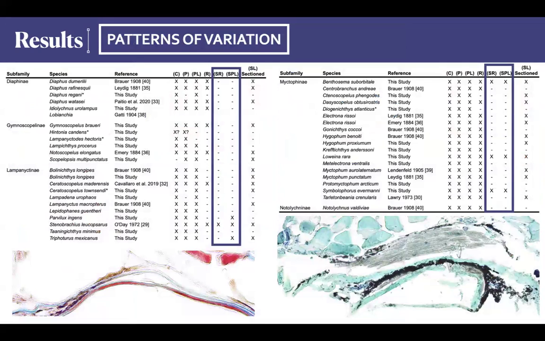And so just looking at some of the patterns, what I noticed is that the pigment layers and the reflective layers in this whole entire group here were really, really hard to see. And so this is like gymnoscopelinate, lampanyctinate, and diaphanate. It was really difficult to discern some of those layers.